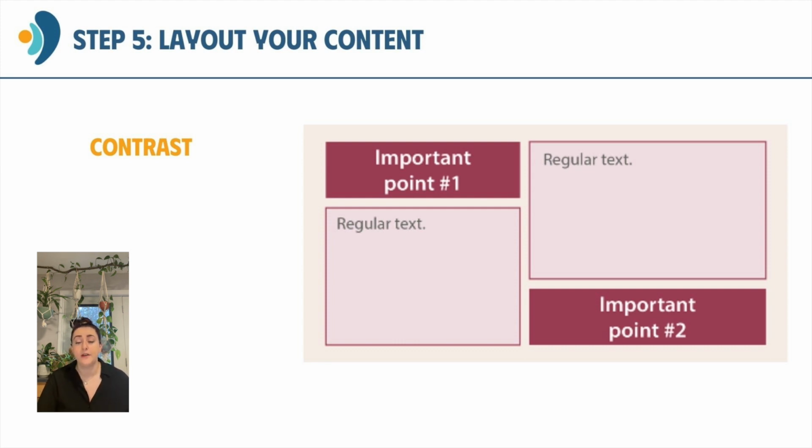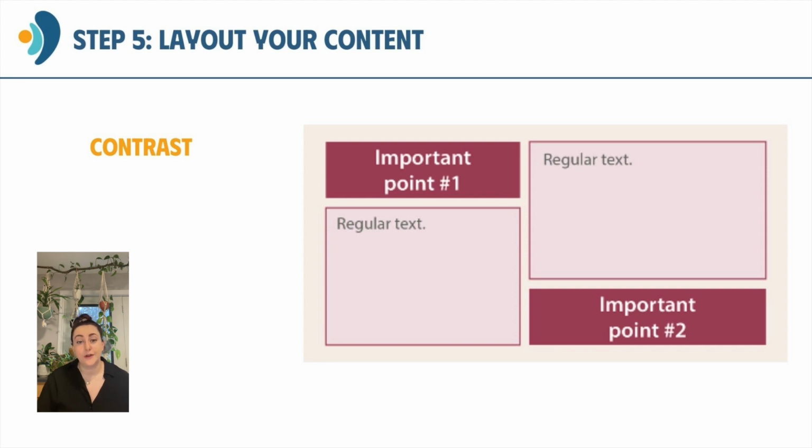So when you pick a method of contrast, which there are many different options, you could consider using bolded text. So taking the text family that you used and using the bolded or semi-bolded version as a title to differentiate that. You could also increase font size.